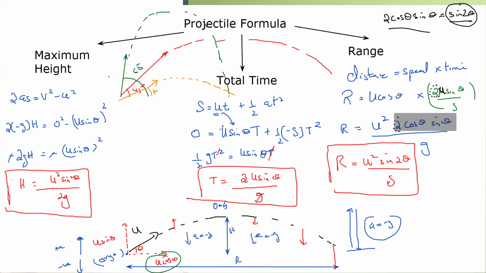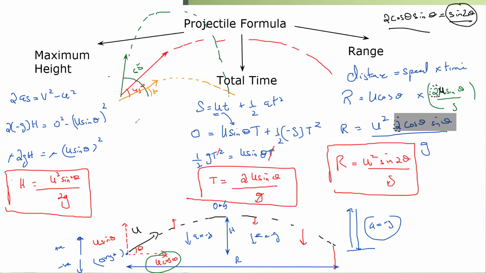There's a big difference between sine 2 theta and 2 sine theta. They are not the same. Sine 2 theta means the value of theta is first multiplied by 2 and then you take the sine. You can check on your calculator.